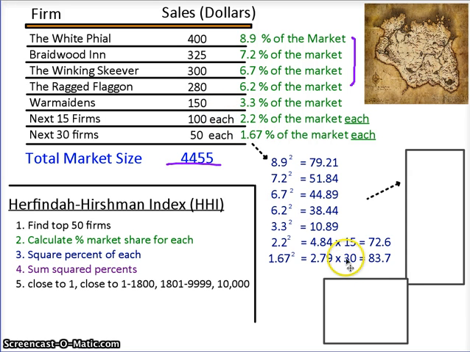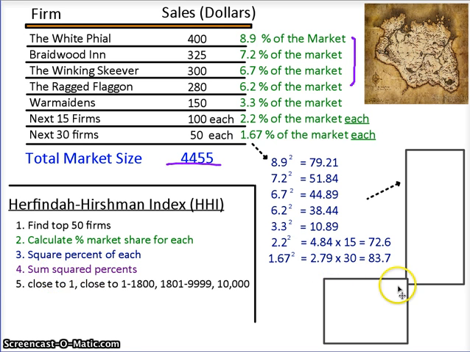Why 30 times down here? Because there are 30 firms, each of them possessing 1.67% of the market. Do not do the 15 times and the 30 times until after you have squared their percent market share. This is when you look at all of the firms. So basically, we're looking at 4.84 15 times, and that equals 72.6, and you see the same for the 30 firms. So then we go on to step number 4.